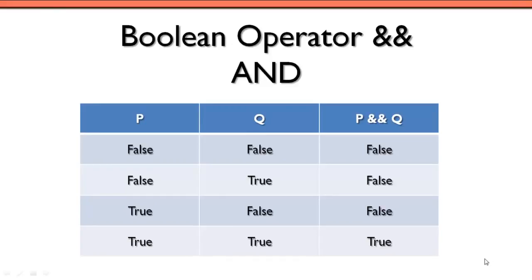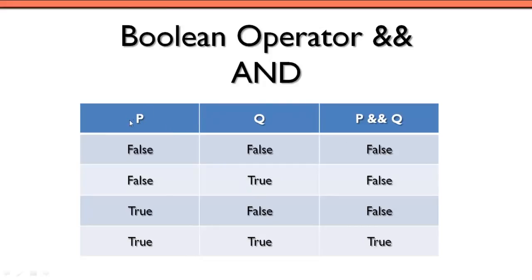All right, so let's look at some of the Boolean operators, and the first one we're going to look at is the AND operator. Basically it says that we have to have two things being true in order for the overall expression to be true. So we see here what we have as the truth table.